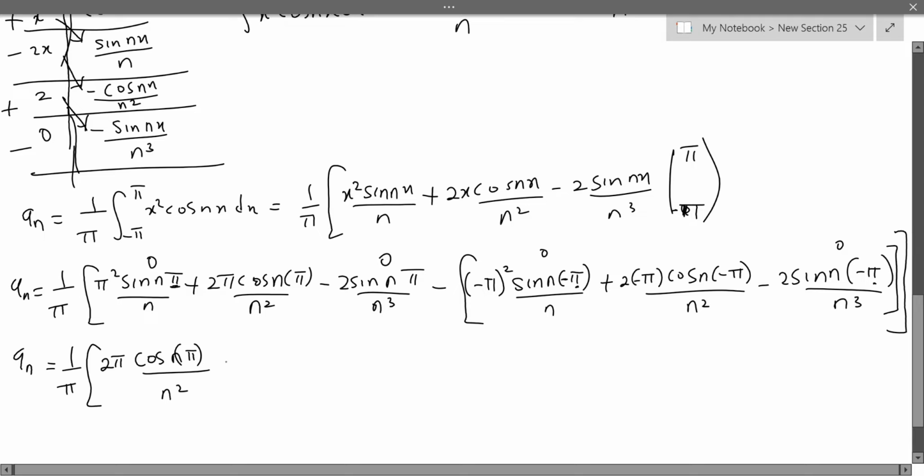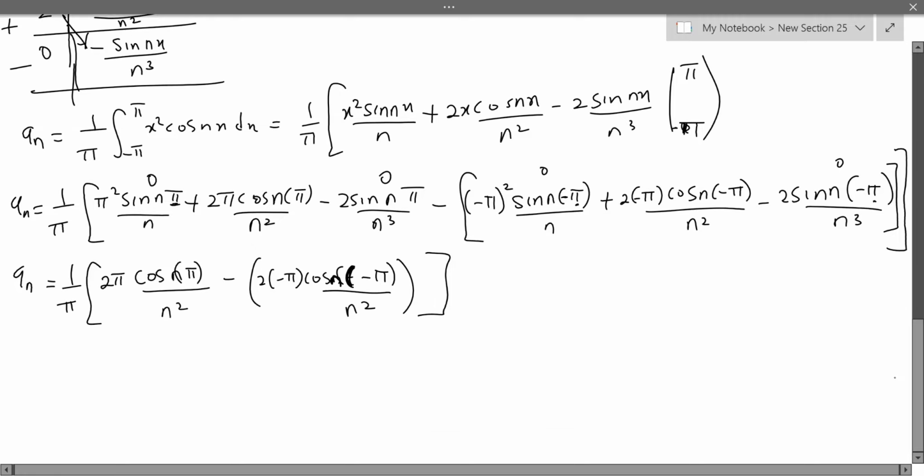So here we have a minus, you have a semi bracket, and then you have 2 minus pi cos n into brackets minus pi over n squared. So you close your brackets. So you have an is equal to, so let's open that bracket now.